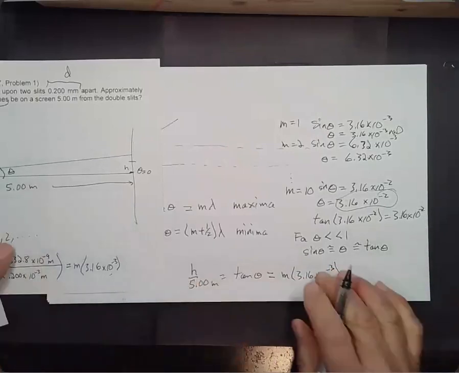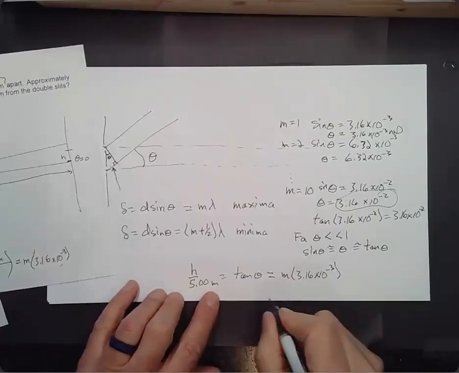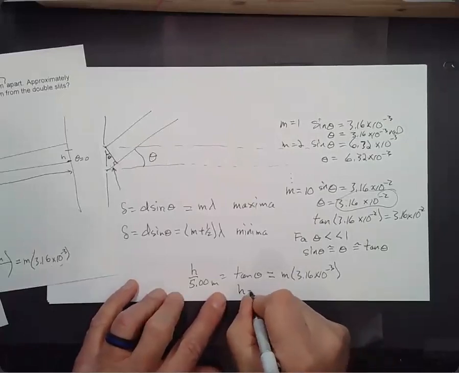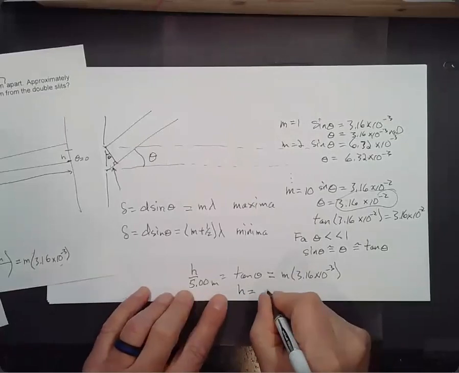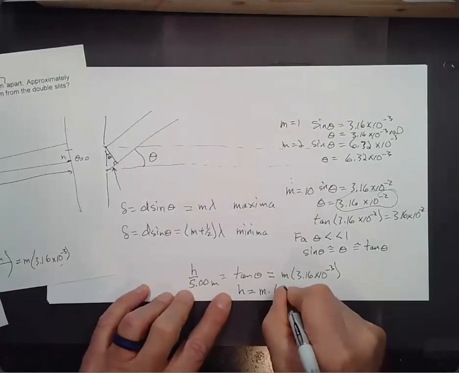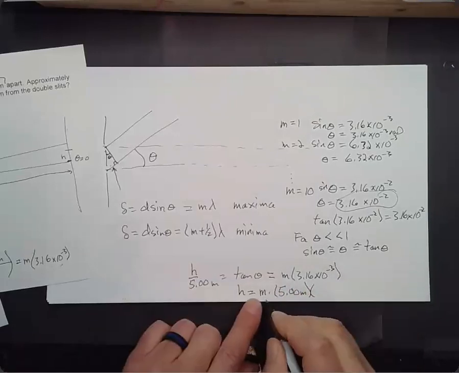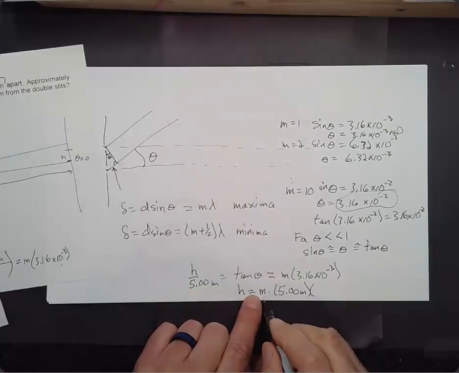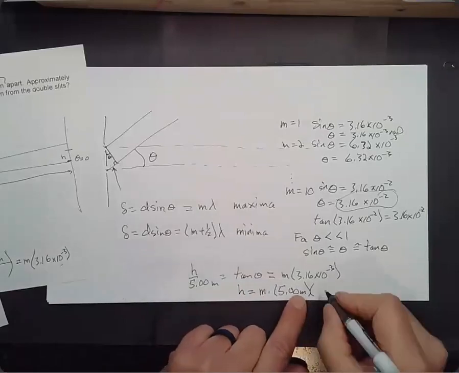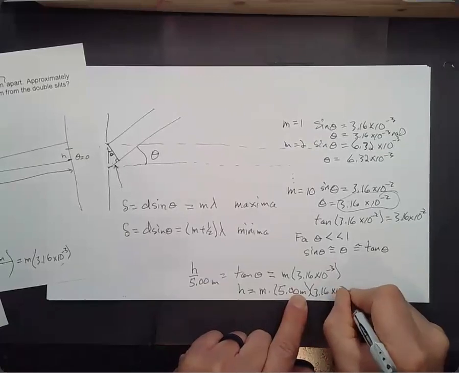Okay, this is kind of complicated, but I'll end up with h, the distance that's away from there, is going to be m times 5.00 meters. Oh, this m is that 0, 1, or 2 thing. This is a meter times 3.16 times 10 to the minus third.